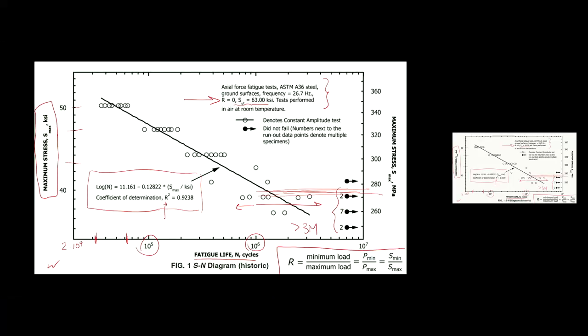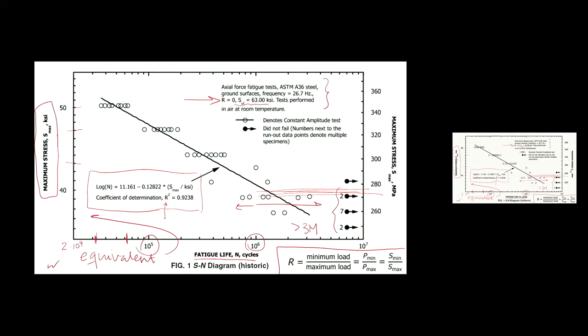So if you're going to apply this using some other concept that you learned in this class, make sure that this is the type of diagram that can be used to do that. If it's not, then you either need to do an analysis that matches the diagram or come up with an equivalent stress that matches kind of what is plotted here, right?